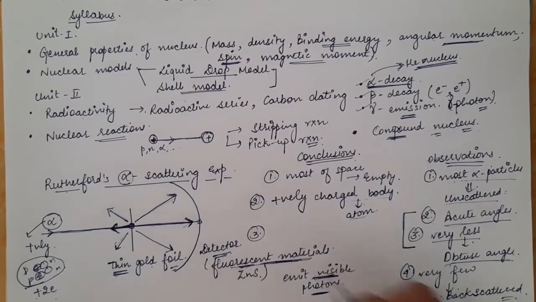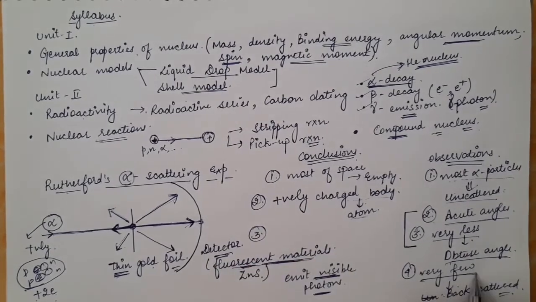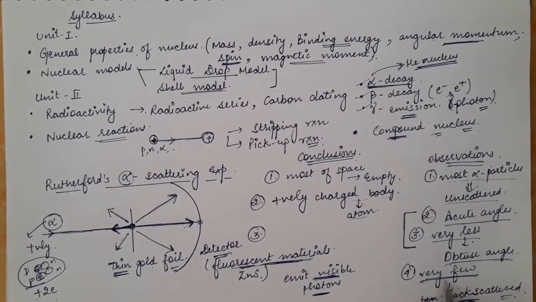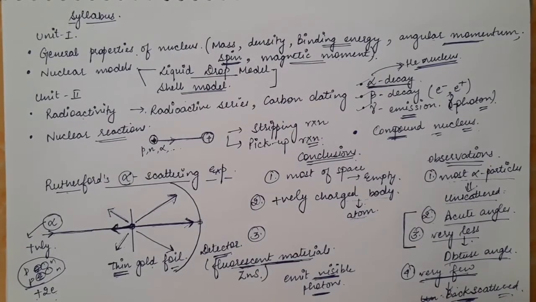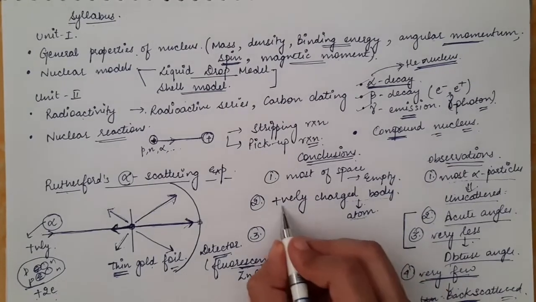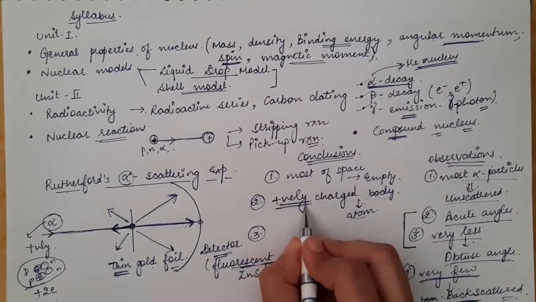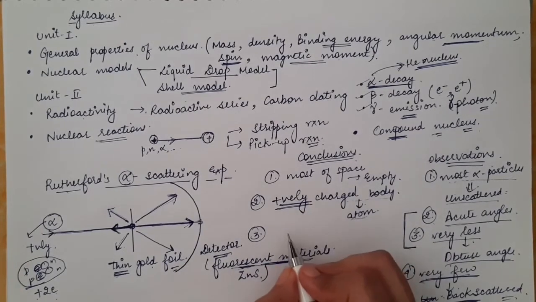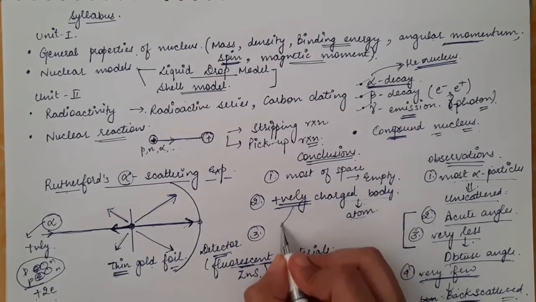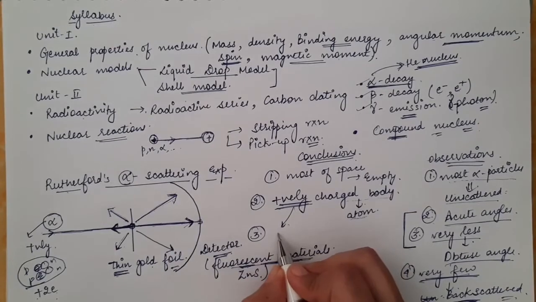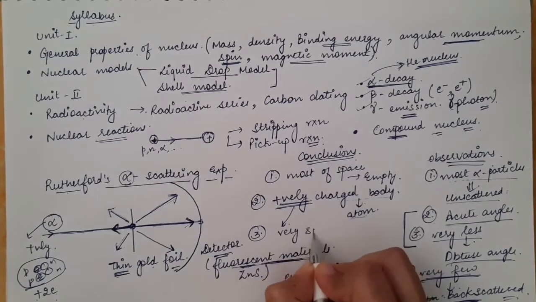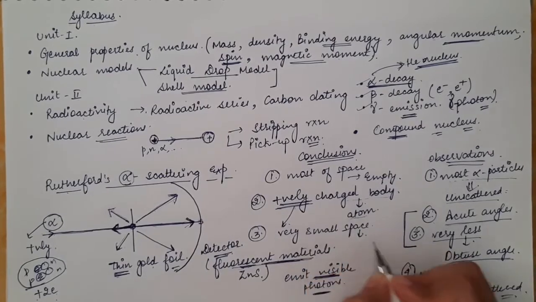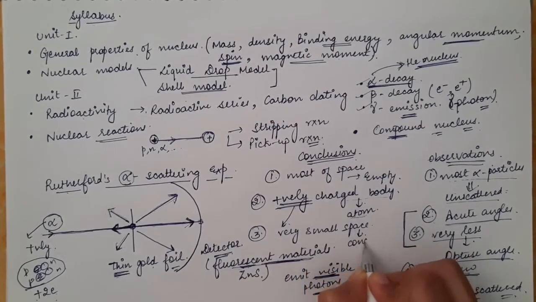And the last conclusion was that very few alpha particles were backscattered. That is, a very small number of alpha particles were backscattered, which means that this positively charged body is present in a very small space inside the atom, and it is concentrated.